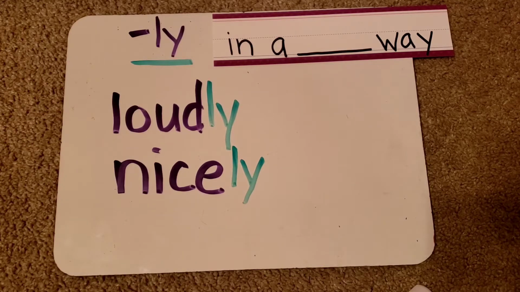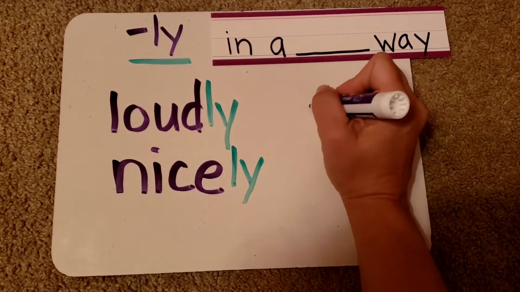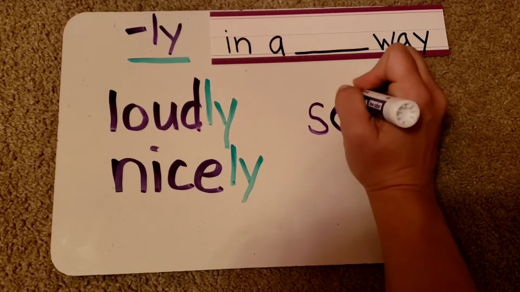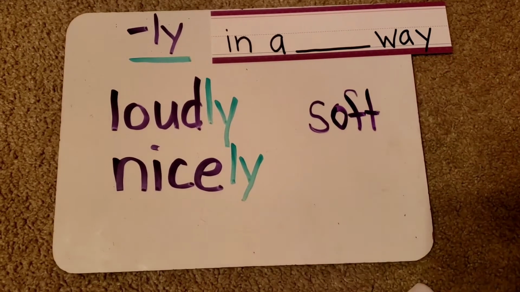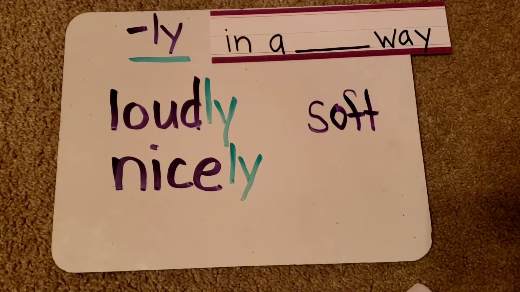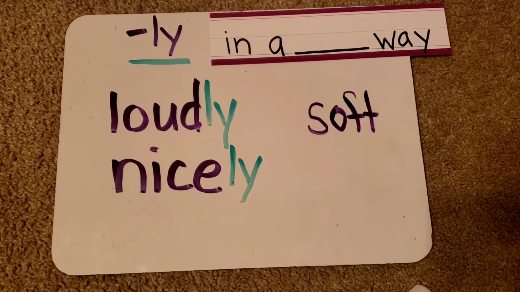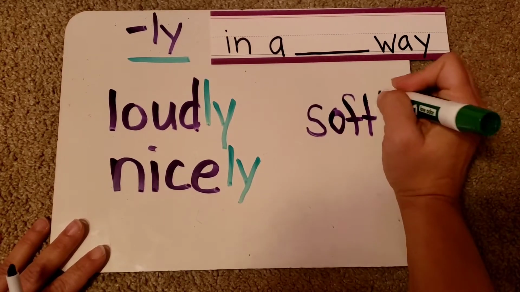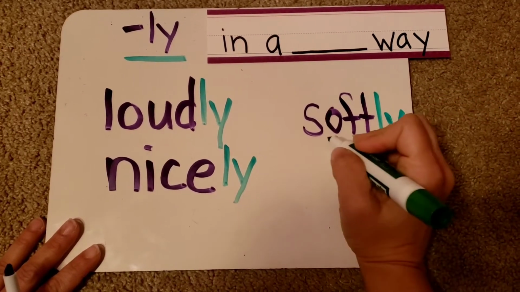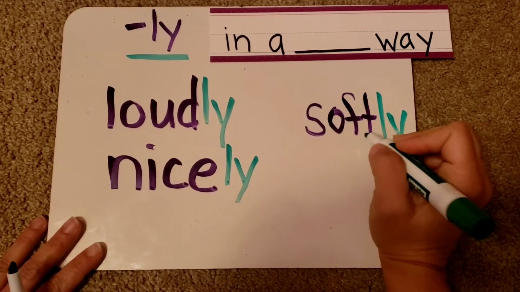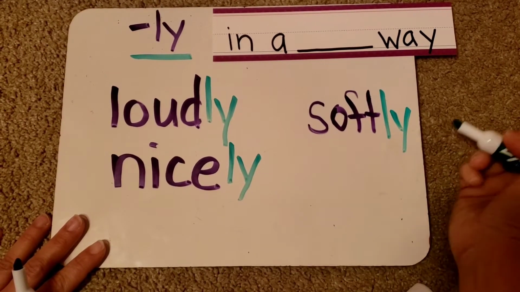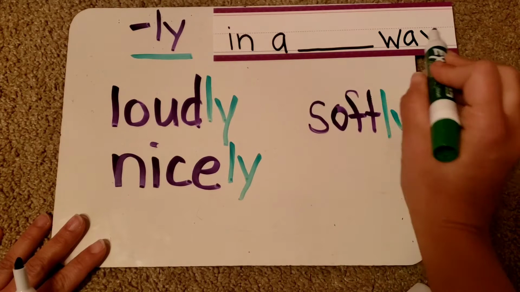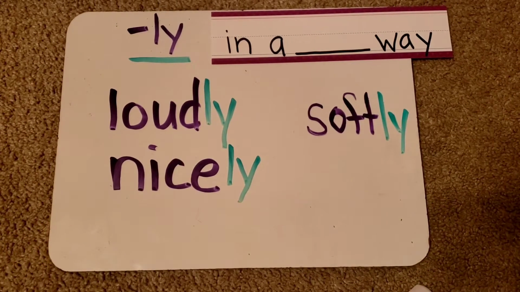If something was soft, you wouldn't say, oh, I did it nice and soft. We can make that better. We can put the suffix ly. So now we have soft plus ly, softly. So how did she do it? In a soft way. So suffix ly, we read it as ly, and it means in a blank way. Okay?